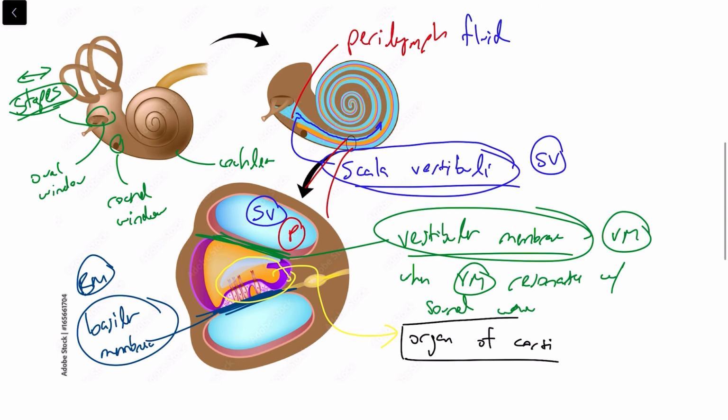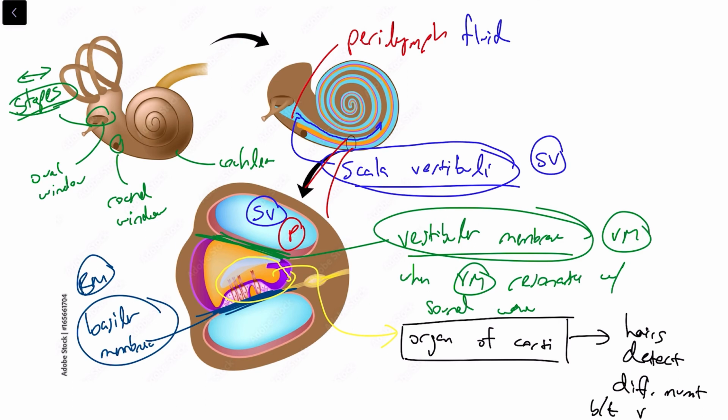And this has some special cells in it that have this thing called hairs. And so hairs detect different movement between the vestibular membrane and the basilar membrane.